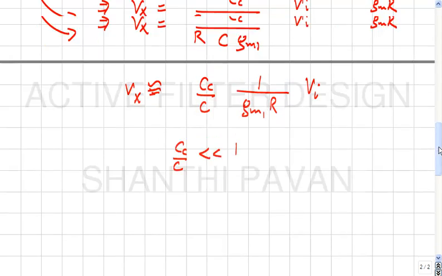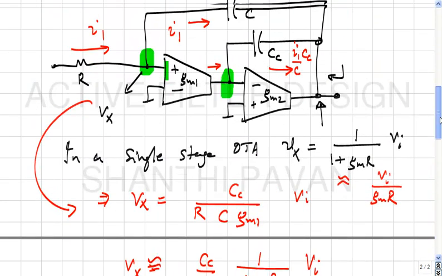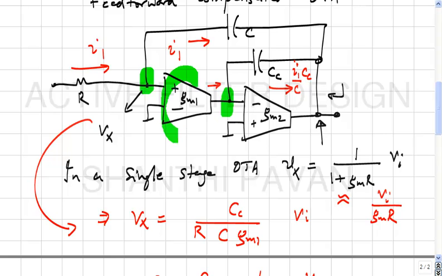For noise reasons, what can you say about GM1 and R? Let me reword the question. Finally, we want the noise to be dominated by the resistor, right? That's what we found in a good RC integrator.